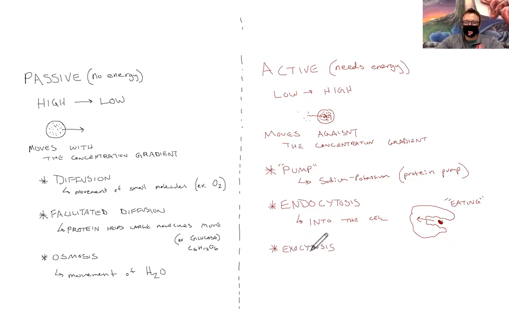And so exocytosis exits the cell, right? So maybe at first the cell looks like this, and inside of it is a little vesicle. It's like a little chamber full of cell waste, right?